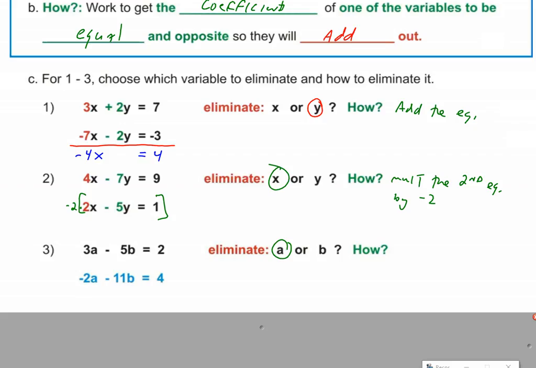Somebody raise your hand, give me what to do on this one. Is there anybody else in the class besides these three guys? Justin? Multiply the top equation by negative 2 and the bottom equation by 3. And I would agree. So we're going to multiply the top equation by 2, and we're going to multiply the bottom equation by 3.